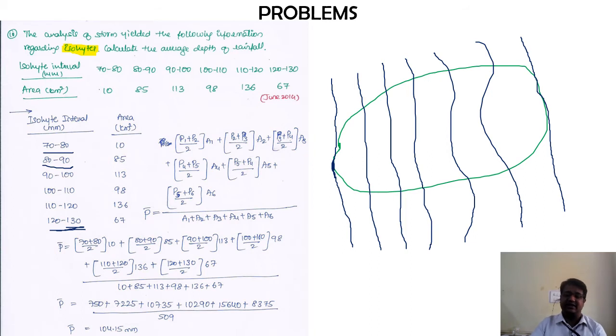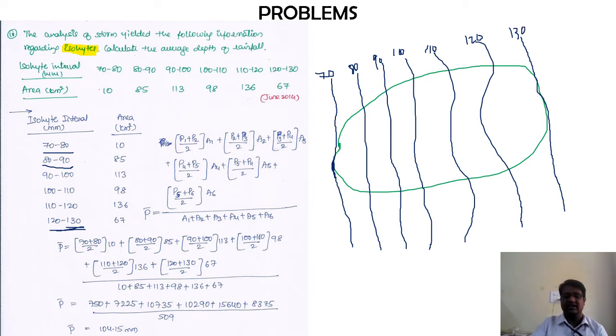Okay, and if I try to write these, your values will be something like this: this is the contour for 70, this is for 80 mm, this is for 90, this is for 100, this is for 110, this is for 120, and this is for 130. Okay, so this is how you can basically express this.